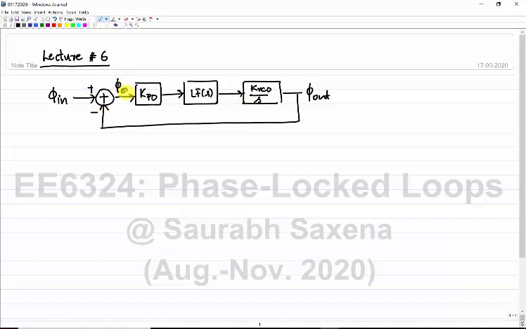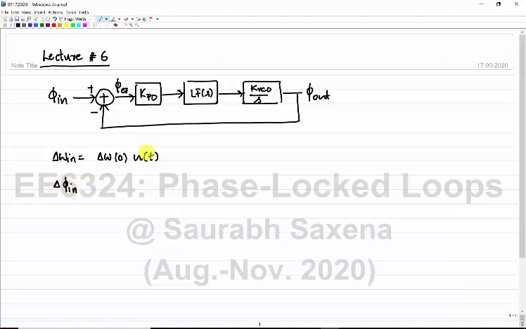isn't it? So now when you applied a frequency step, you said that delta omega in is equal to delta omega 0 of u of t. You applied a frequency step. So what will be the phase step for this?